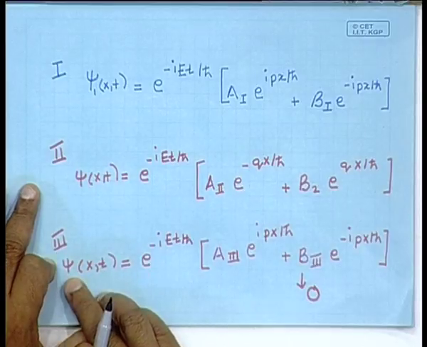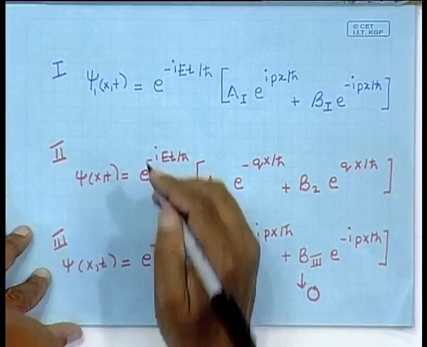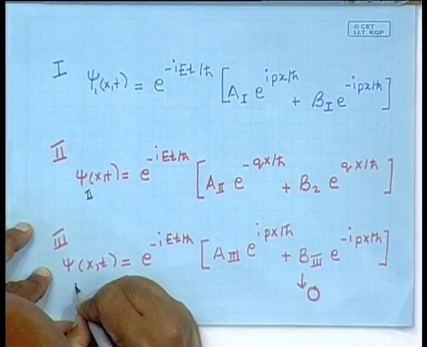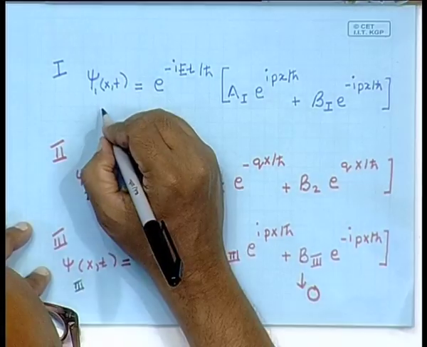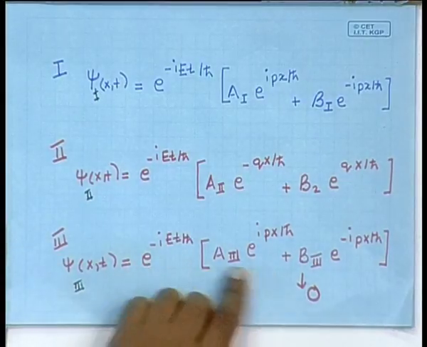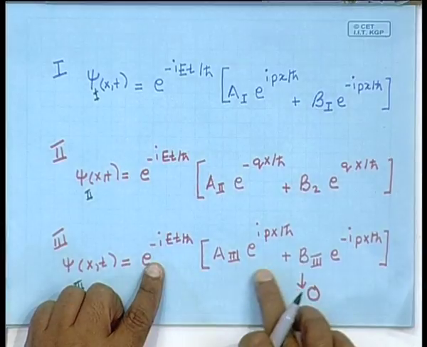if I differentiate the right hand side, the wave function in region 3, so this I should denote 2 here. In region 3, if I differentiate the wave function, I have only this part.